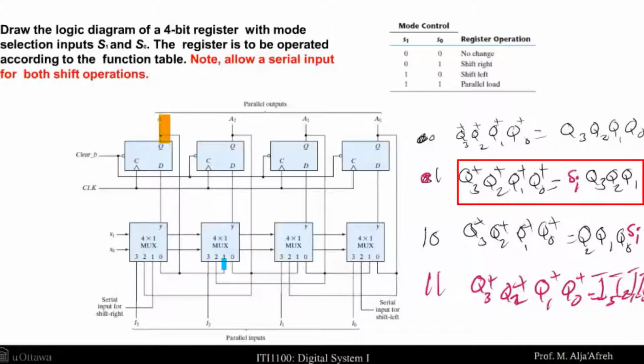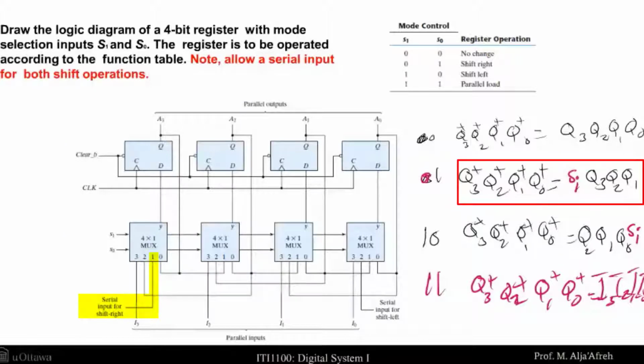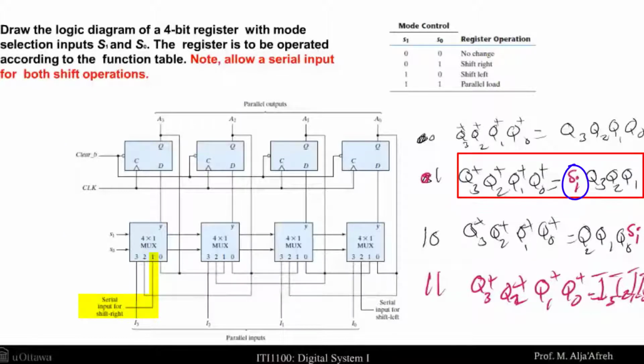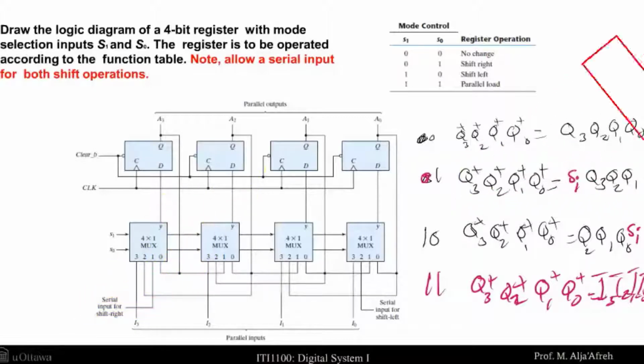And for this one, we're going to take the serial input, so it's an input bit. If you notice, sometimes we did the circulation, sometimes we inserted 0, and sometimes we inserted the most significant bit as of the arithmetic shift.